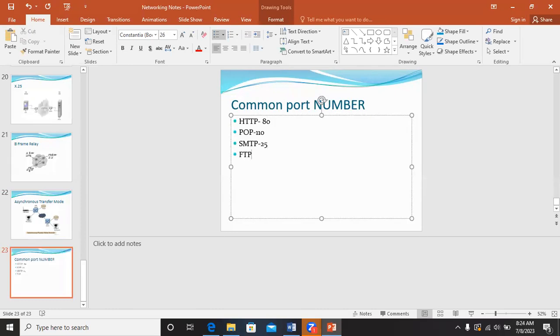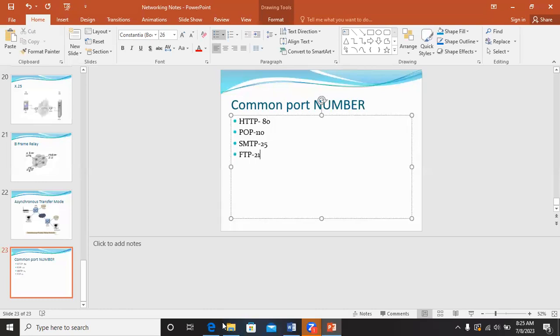FTP, file transfer protocol, which is used to download, uses port 21, I think, right? 21, and so on. So they call it common port numbers, very important for administrators, right? Firewall administrators, network administrators, so that they'll be able to know which ports to close, which ports they can allow to be open, and so on.